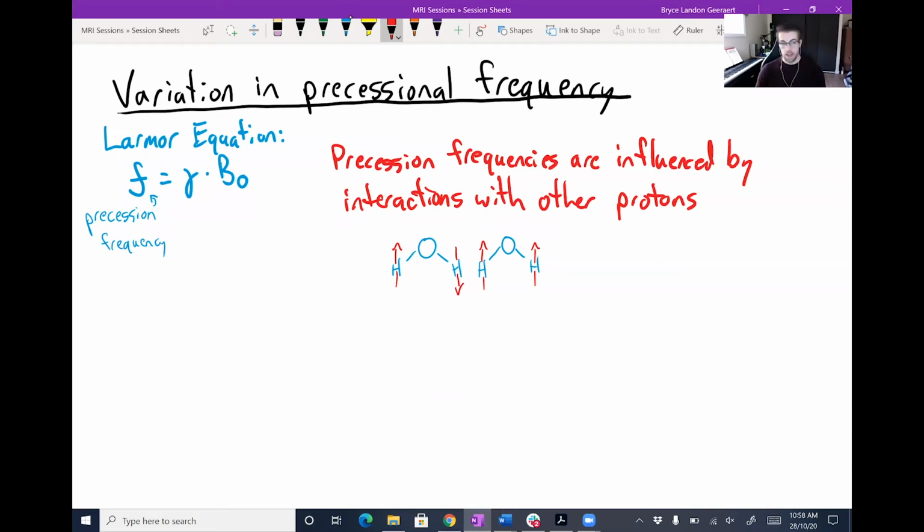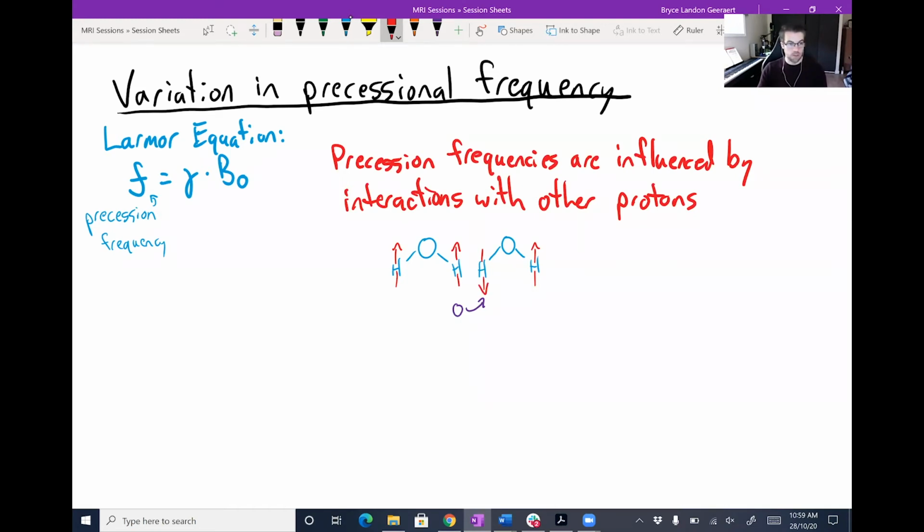And when you consider these two water molecules, these four hydrogen atoms, they're all precessing at a very similar frequency, right? Thanks to the Larmor equation, they have very similar properties because they are the exact same type of atom. So that means it's actually quite easy for this hydrogen atom that is in the down orientation to exchange energy and give its own energy away to this nearby hydrogen atom. So I'm going to change the state of this diagram and say now that there's been an exchange of energy: this hydrogen atom has become an up orientation and this one has become down.